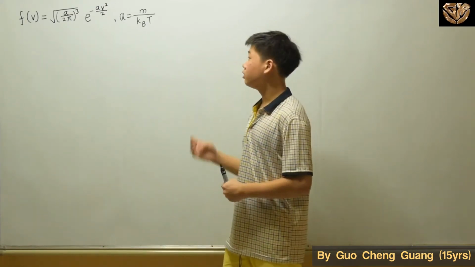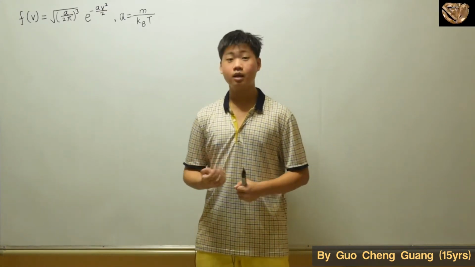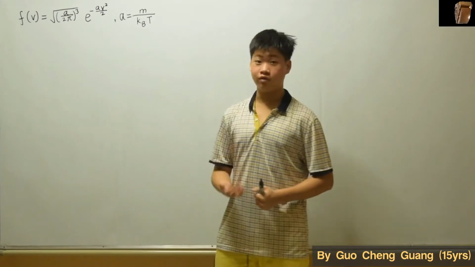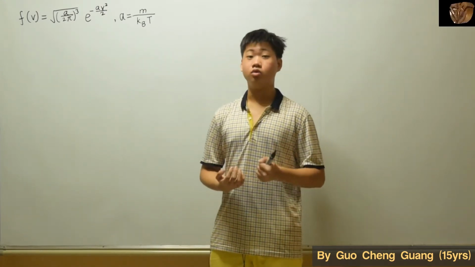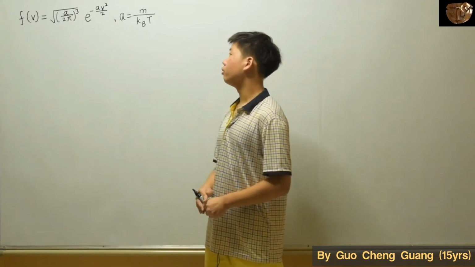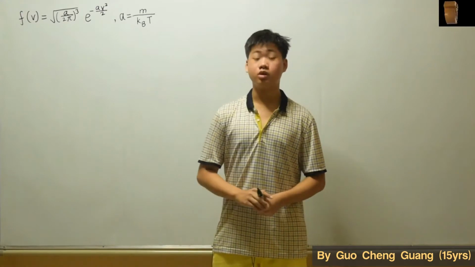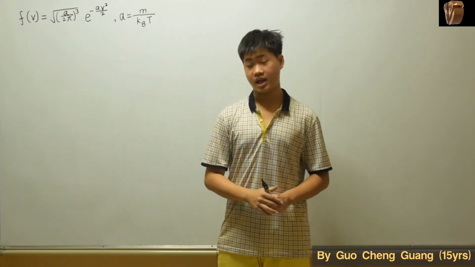In this lesson, what we'll be mainly focusing on is the most probable speed, your average speed or mean speed, whatever you like to call it, and your root mean square speed. Before we start, are there any modifications that we would like to make to our original function over here?